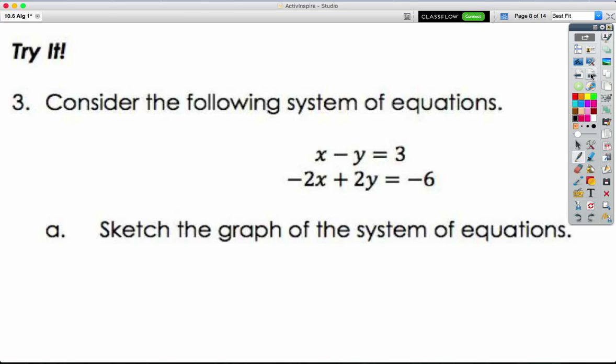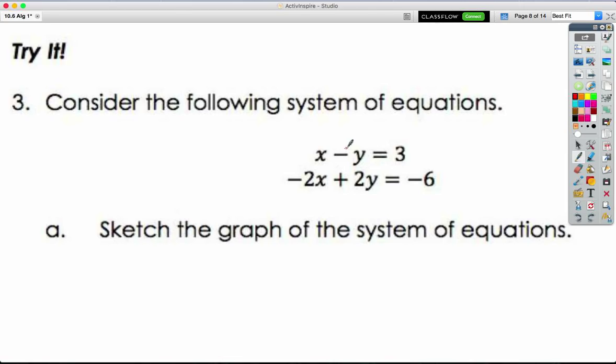So considering the following system, it says to sketch the graph of the system of equations. Again, you could technically plug in 0 for x and plug in 0 for y and find the intercepts to graph that way. Or you could put them in slope-intercept form and graph that way. So we're going to put them in slope-intercept form and see if we can make some observations.